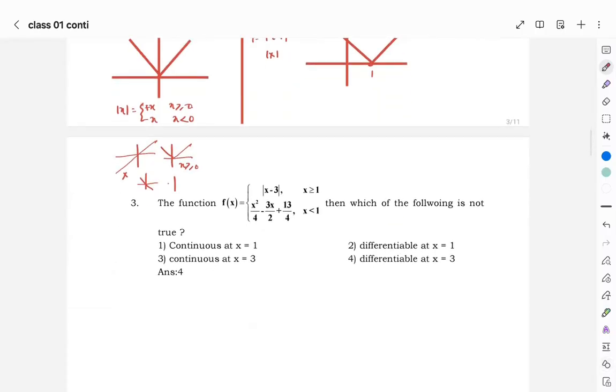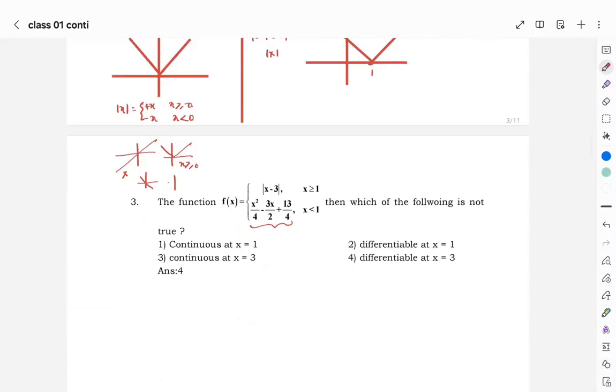How do we analyze here? It is a polynomial. That means x belonging to minus infinity to 1 is continuous, and mod x is also continuous for x belonging to 1 to infinity. I can say x greater than 1, but it changes its nature at 3. Let us see here how the boundary affects it.